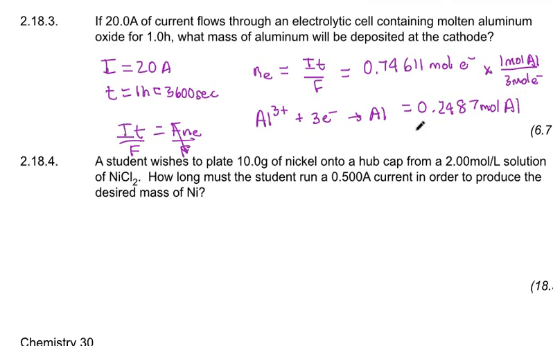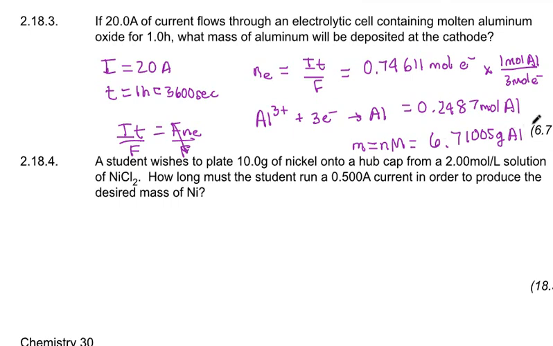Molar mass for aluminum is 26.98, so its mass is going to be number of moles times molar mass. 0.2487 moles of aluminum times 26.98 grams per mole gives 6.71005 grams of aluminum.